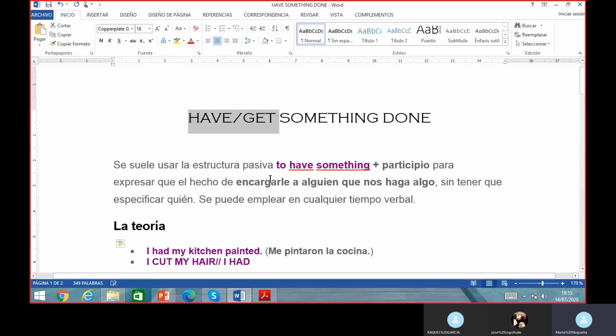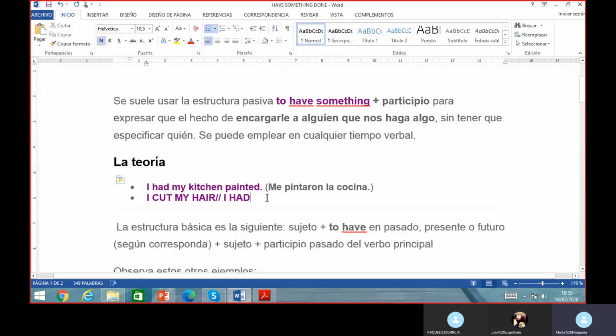This can be conjugated in any tense, okay? I had my hair, and then the participle is cut. So in English, there is a huge difference. So I cut my hair, I did it. I had my hair cut. Somebody else did it for me.